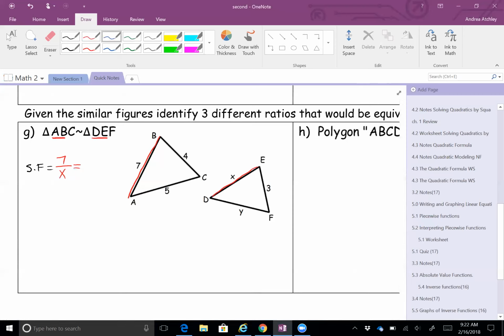Then we want to see what corresponds to BC. It is 4. And the corresponding would be the EF, the second 2 letters.